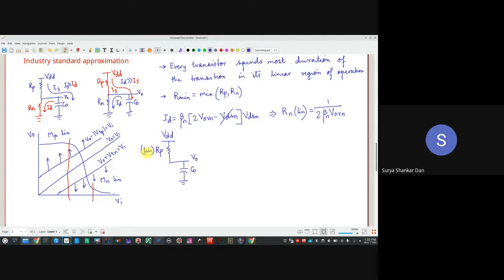The resistance in the linear region is what matters. So what is the expression for VO(t)? This is an RC network anyway. VDD minus VO by RP is equal to, this is plus, remember this is the current which is charging the capacitor, right? Plus CO dVO/dt.